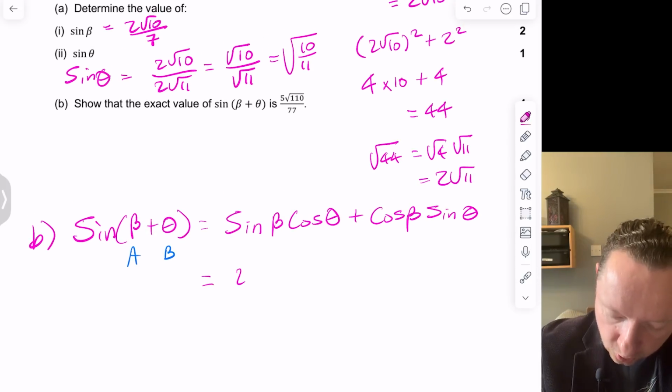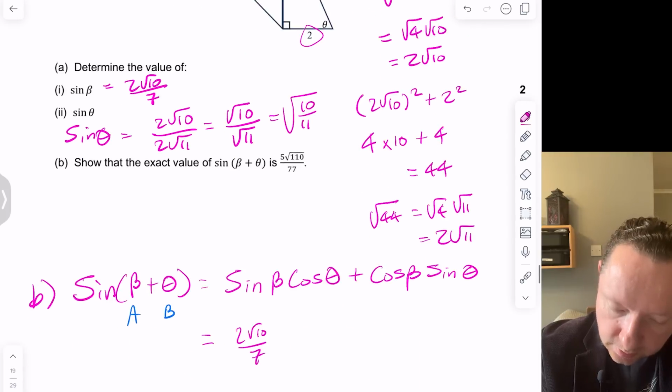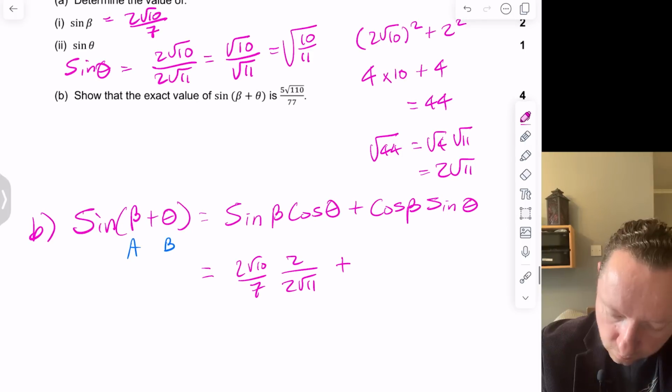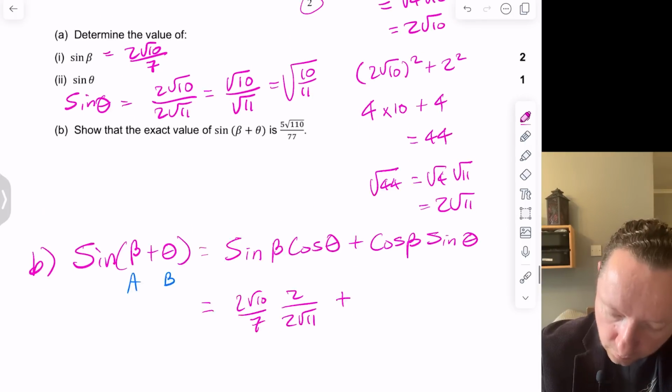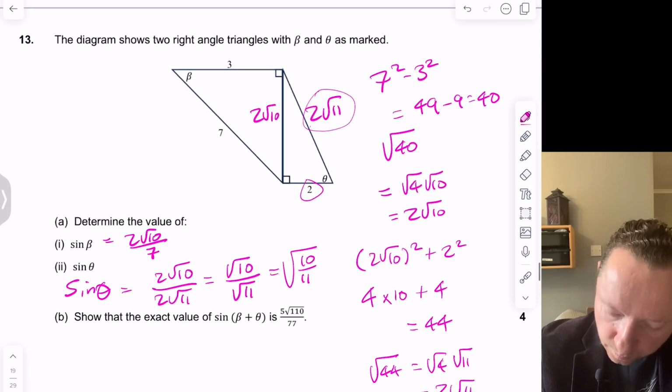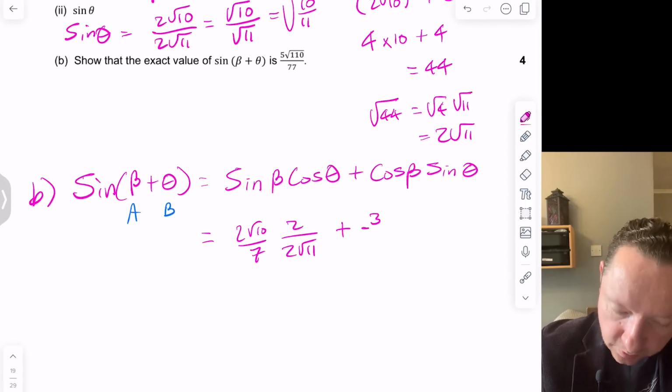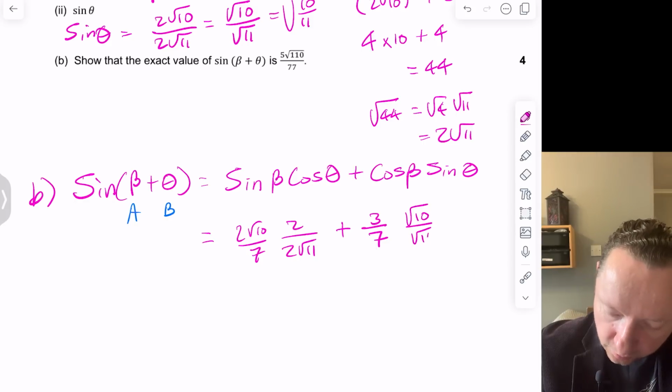Sine beta is 2 root 10 over 7. Cos theta is 2 over 2 root 11. And then cos beta is going to be 3 over 7. And sine theta we know already is root 10 over root 11.